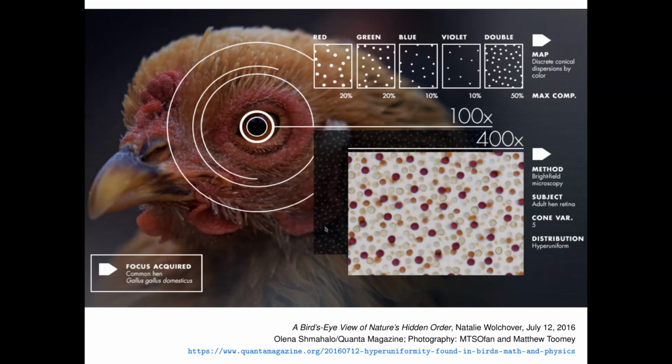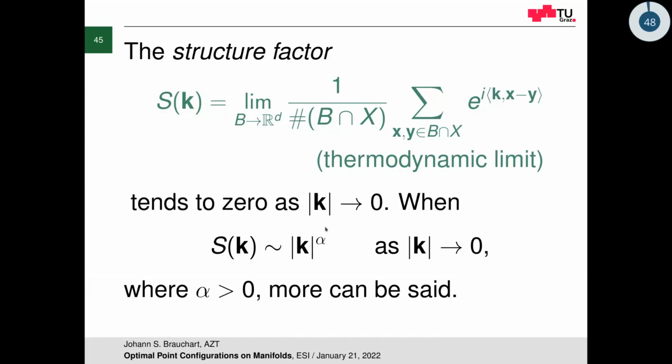And one important point is that we also have an analog of the structure factor, which is the Weyl sum multiplied by the number of points. So we don't have 1 over the square of the number of points, but 1 over the number of points.